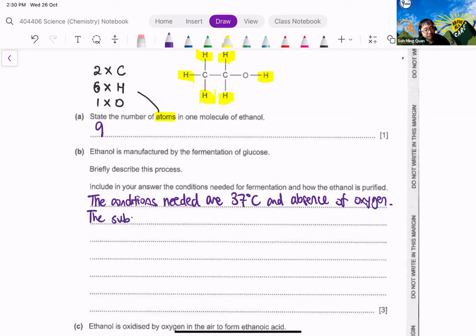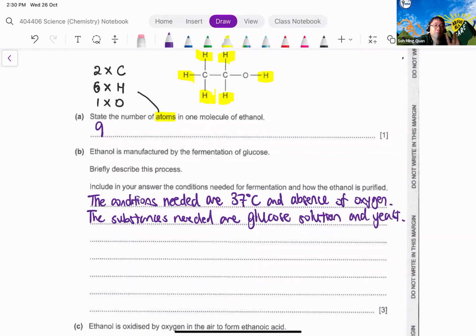The substances needed, obviously, glucose solution and yeast. Writing this down would easily secure you 1 mark already.